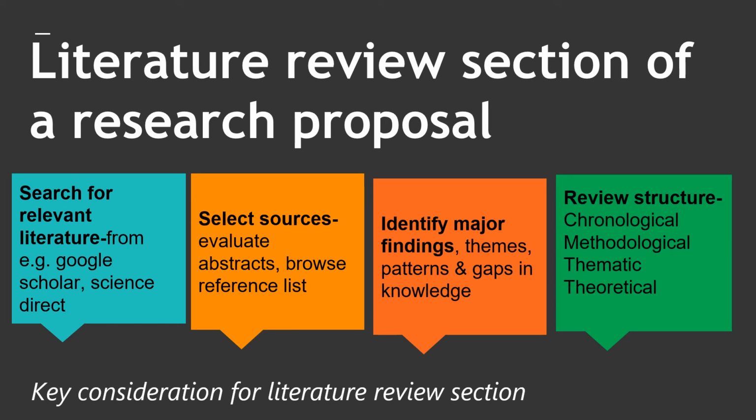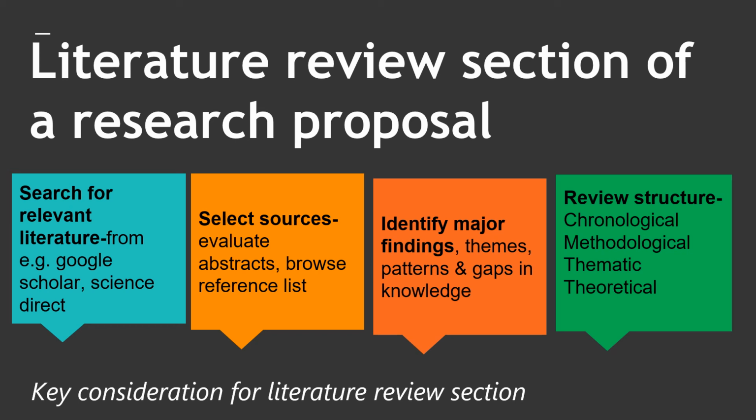Another way of organizing your literature review section is methodological. The methodological organization is where you organize your literature based on the approaches that were used in the manuscripts that are being reviewed. So you can cluster your literature based on the methodological approaches that were used by different authors.